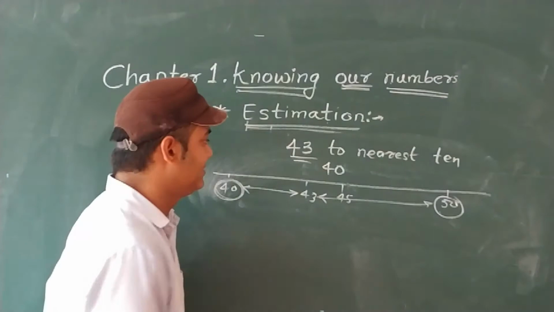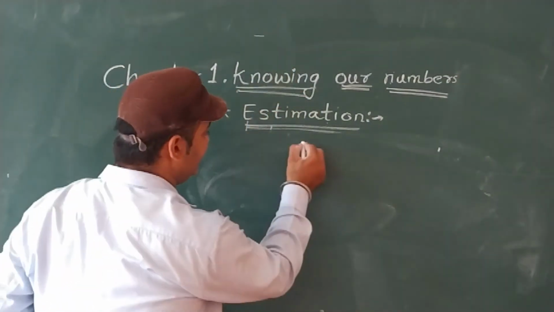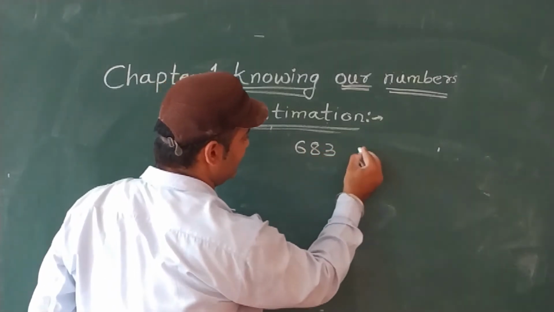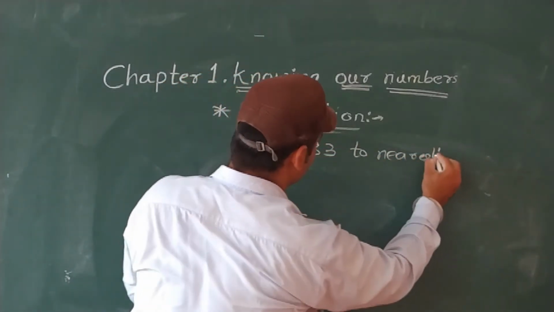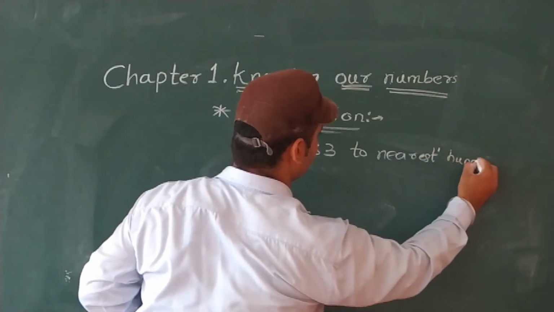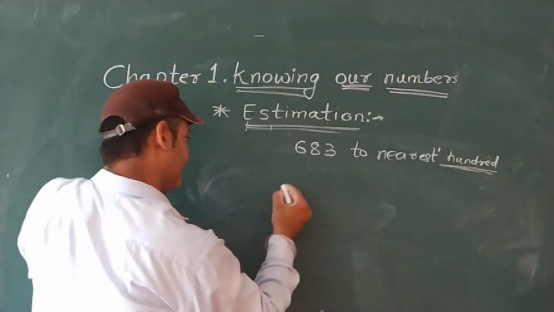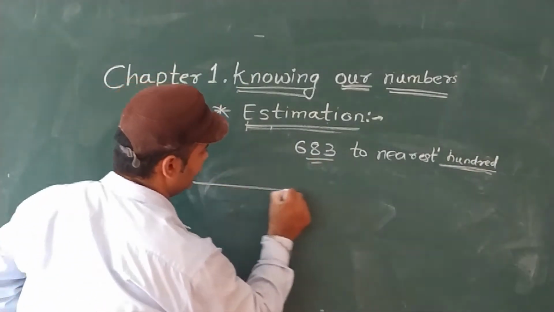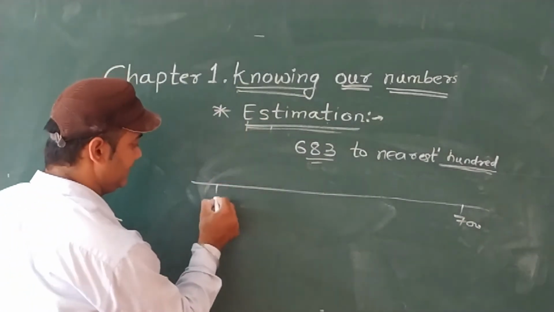Now let's take the nearest 100. 683 to the nearest 100. Write down the number line. Here is 700. Here is 600.